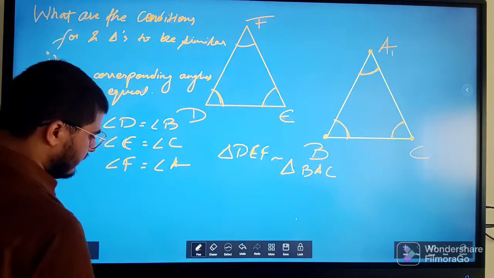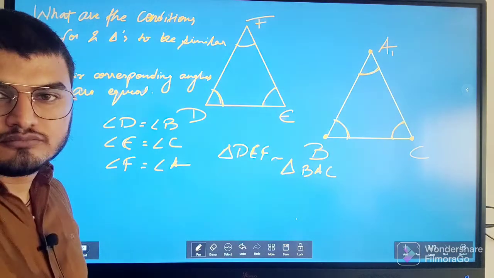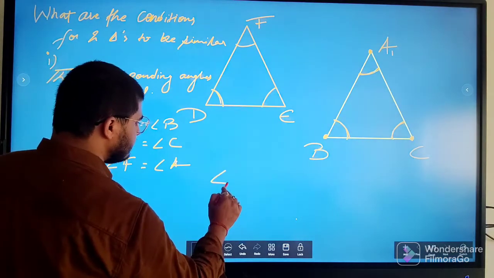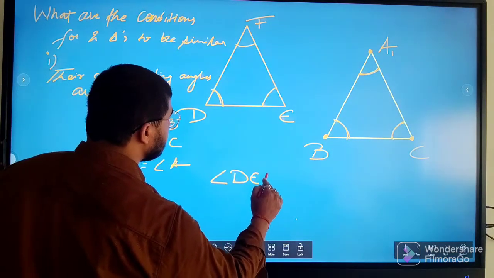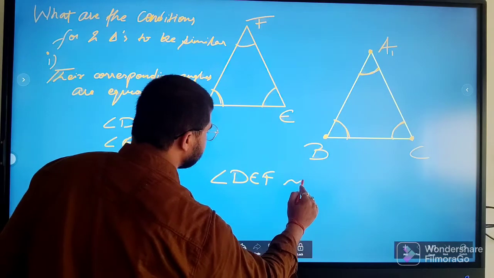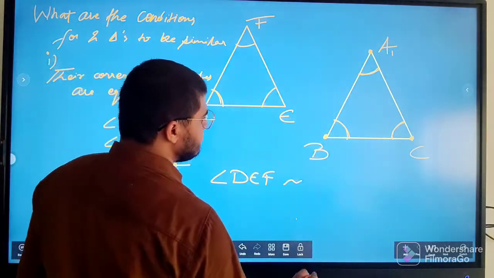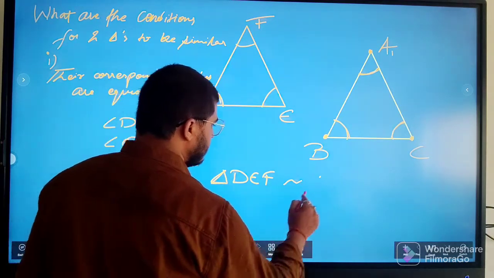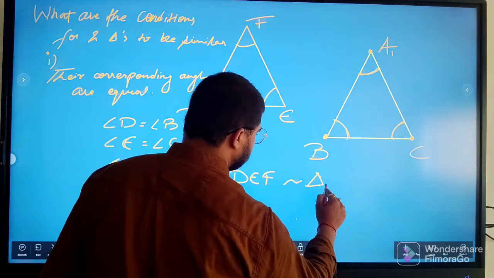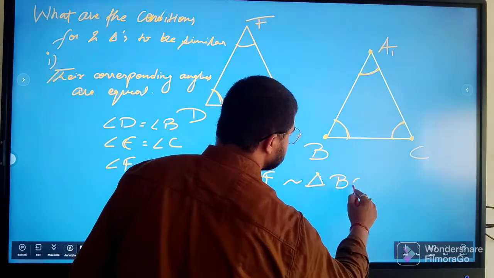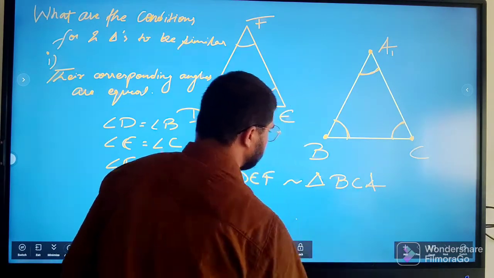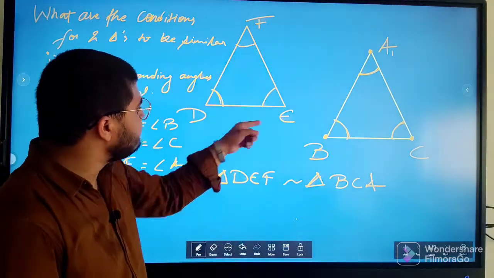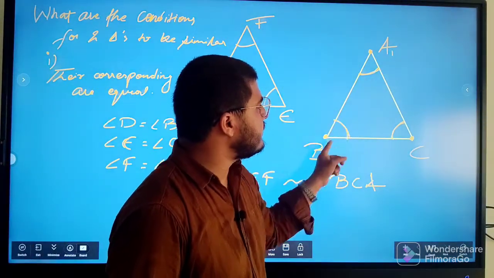We have selected the names, so we can say that triangle DEF is similar to, this is the sign of similarity, triangle, sorry, I am making it angle, triangle BCA. Triangle DEF is similar to triangle BCA.